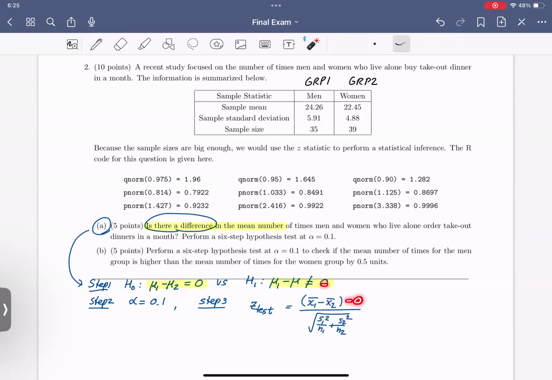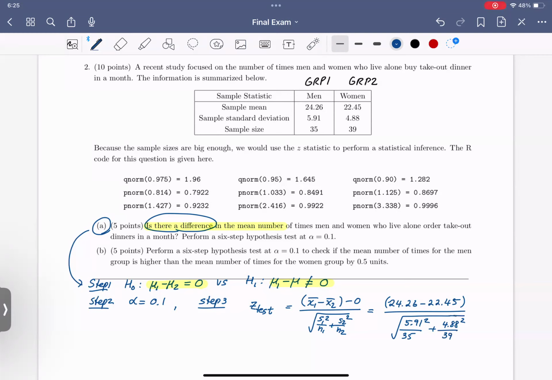Minus 0 because the value that you want to test is 0. So you're going to have x1 bar minus x2 bar, the sample mean for men and the sample mean for women, and then the square root of 5.91 squared over 35, and then 4.88 squared over 39. All the numbers here you obtain from the table over there.